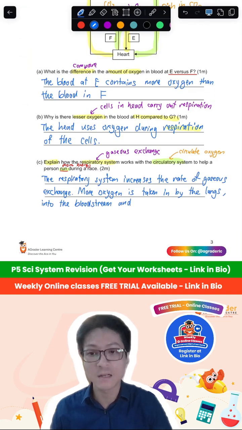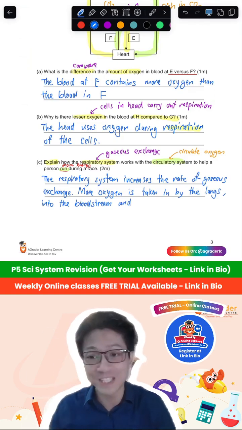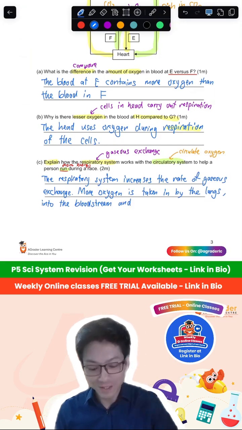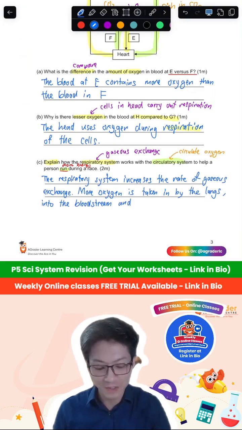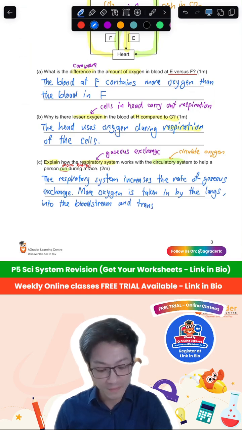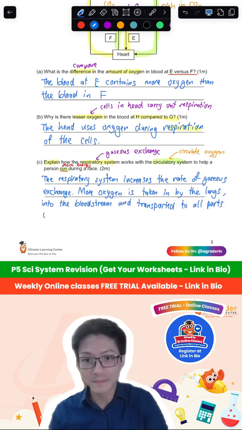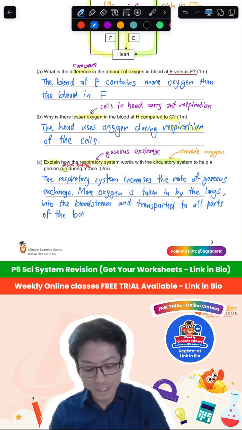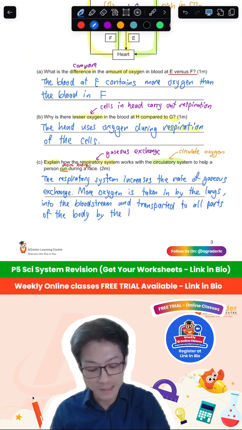Okay, and then you can say the blood rich in oxygen, but I'm not gonna write too much. Okay, so I'm gonna say into the bloodstream and transported to all parts of the body by the heart.